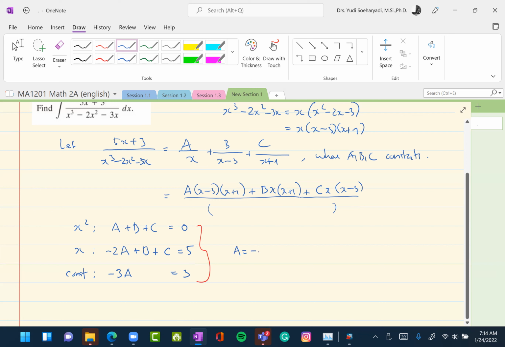A is -1. If you plug in -1 to the first and second, you have b plus c equal to 1. And here you get b. Somehow this is inconsistent.